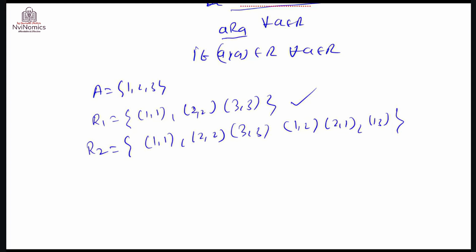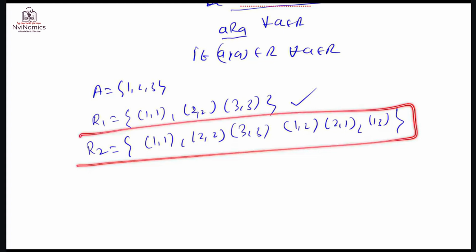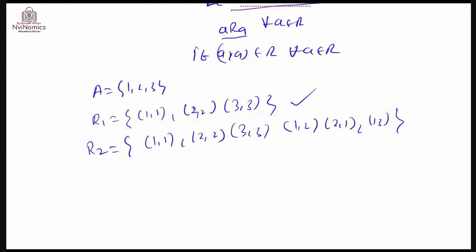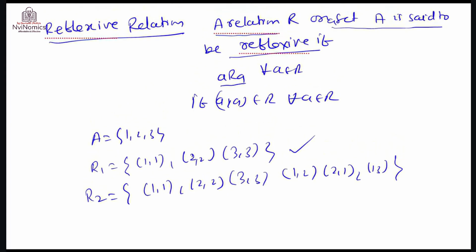Can you solve it? Listen, so what is the definition? The definition of reflexive relation is a relation R on a set A is said to be reflexive if a is related to a.